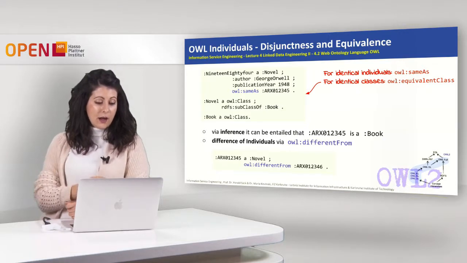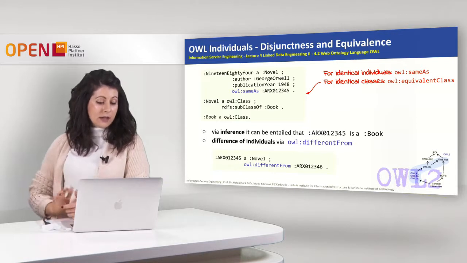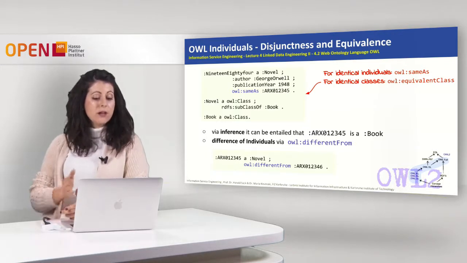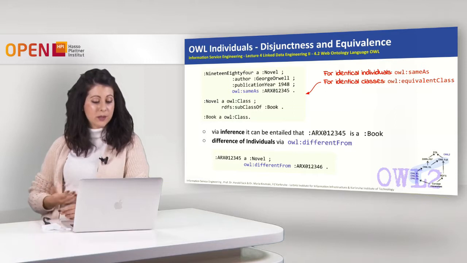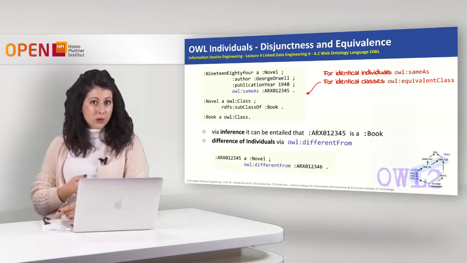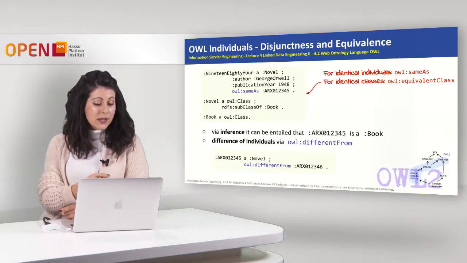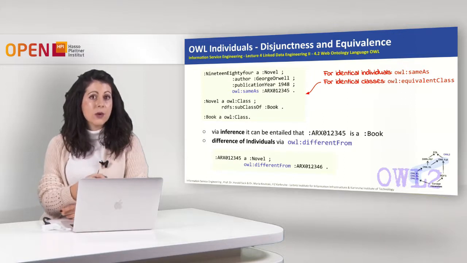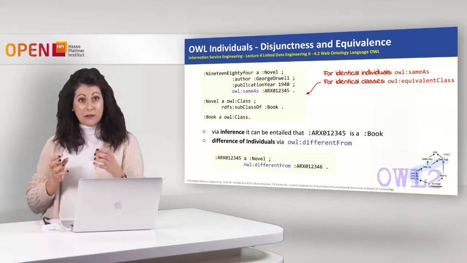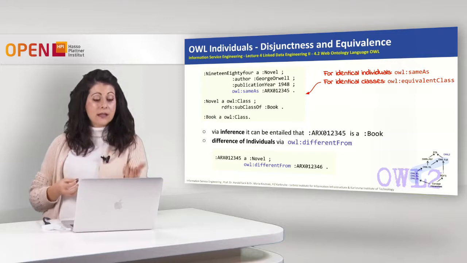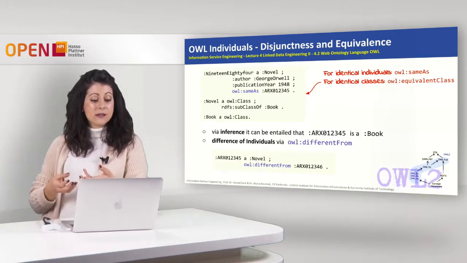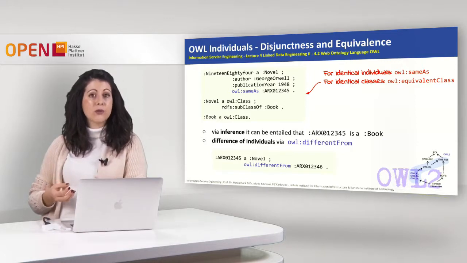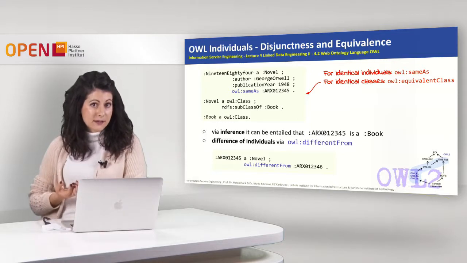So if we have an instance 1984 of type novel, you see here that there is a property author and property publication year, but apart from those that we have already seen, we see also that there is this OWL same as to another instance. In this way, we denote that the instance 1984 and the instance Rx 012345 are equivalent instances.